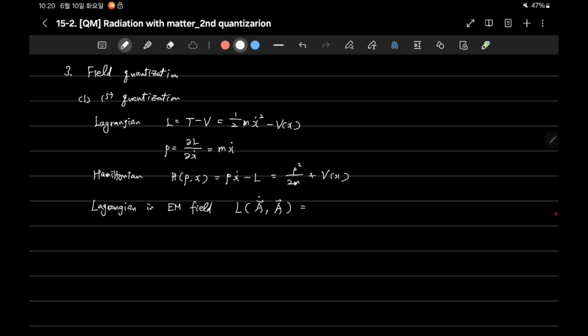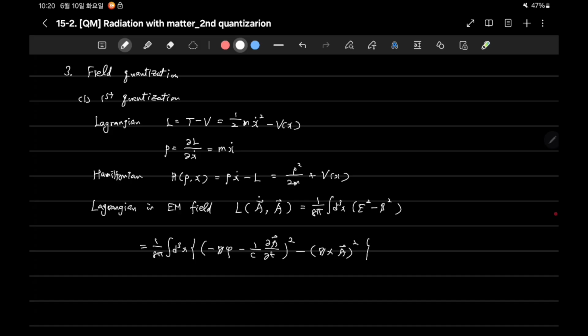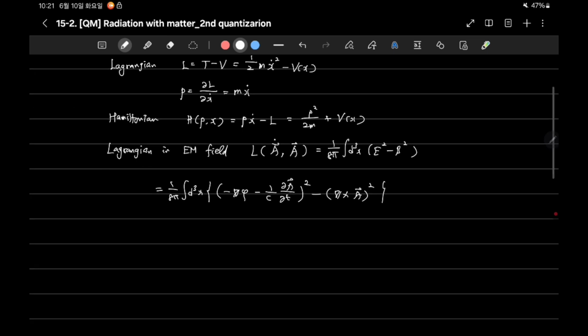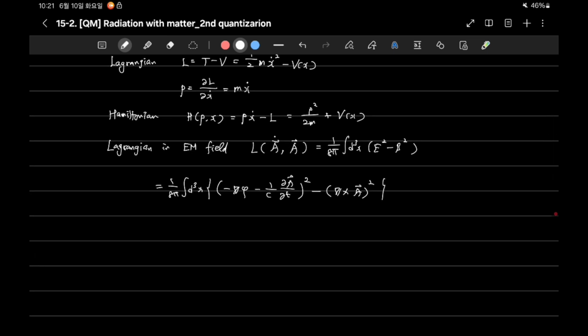It is the energy density. The energy is E squared plus B squared, but in the Lagrangian case it is a volume integration of E squared minus B squared, with a factor 1 over 8 pi. The electric field is minus gradient phi minus 1/c partial A partial t, and the magnetic field is curl A. So that is the Lagrangian in the electromagnetic field.